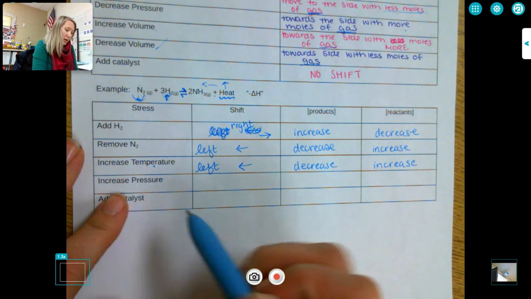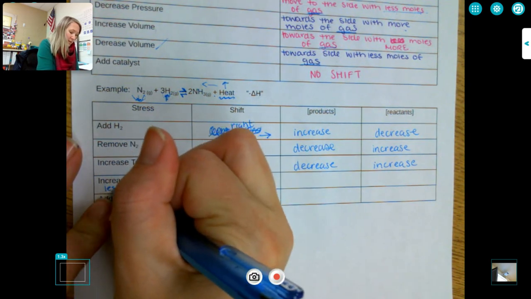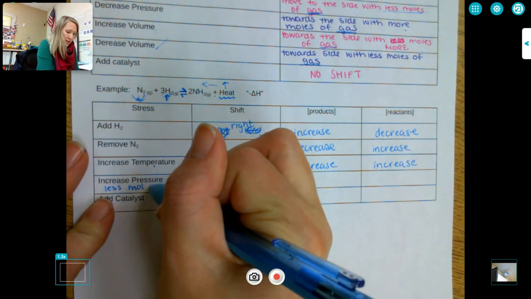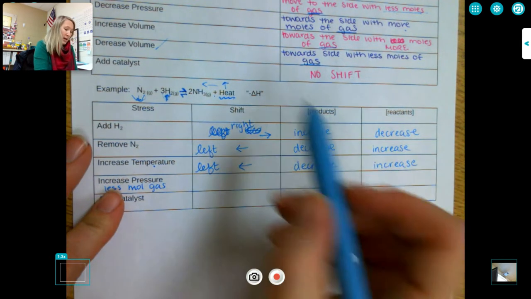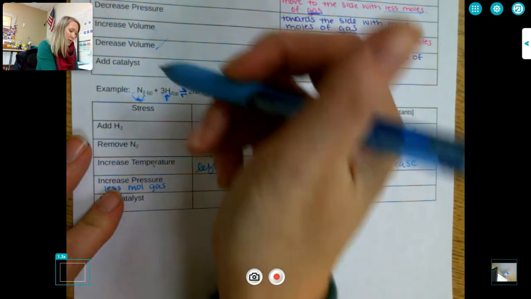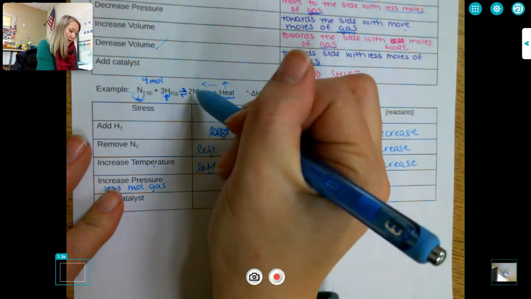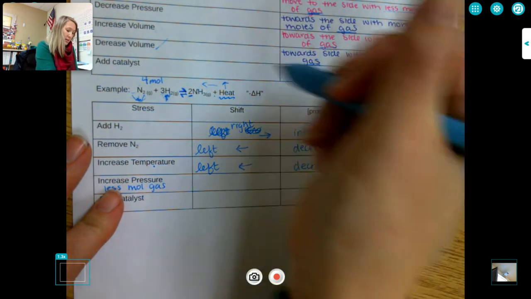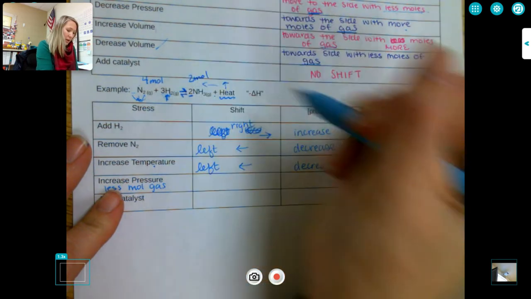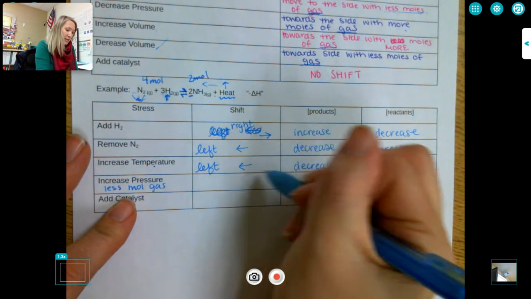If I increase the pressure, increased pressure means going to the side with fewer moles of gas. So I need to look at my moles of gas. I have 1 mole plus 3, so I have 4 moles of gas on the left. On the right, I have 2 moles of gas. So the side with fewer moles of gas is the right side.